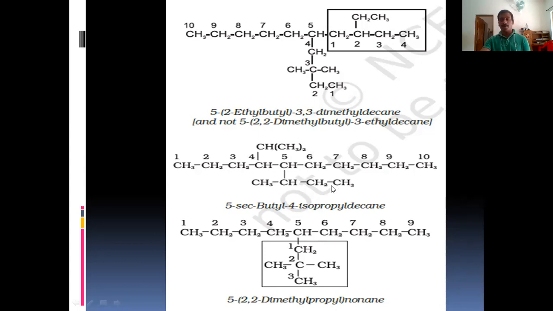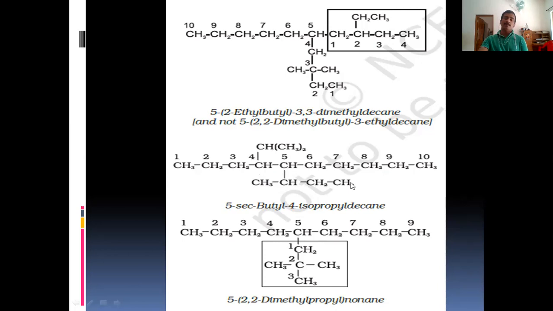And this one, here you can see the second carbon atom is attached to the root alkane or long chain of alkanes. But since it is attached, we have to consider a methyl group in the first carbon.